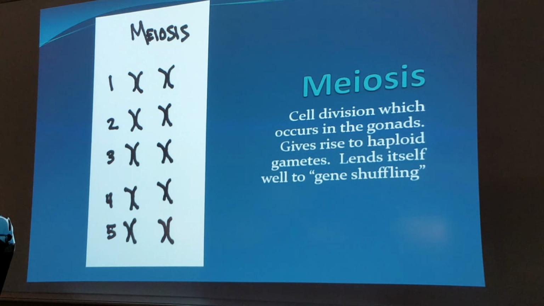Okay? In meiosis, okay, this is what goes on in the gonads. And instead of lining up single file, the chromosomes line up side by side, where the 2 1s are side by side, the 2 2s are side by side, and like this. And you see, if they line up side by side, the picture I've drawn here, you can't tell which one you got from your mom and which one you got from your dad.